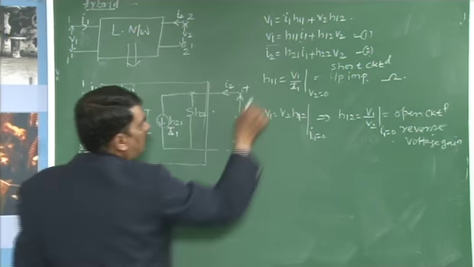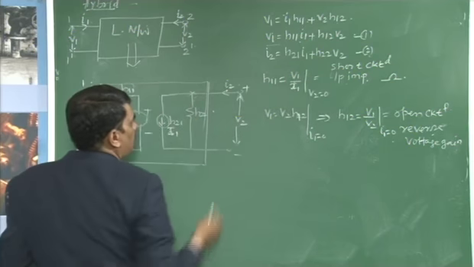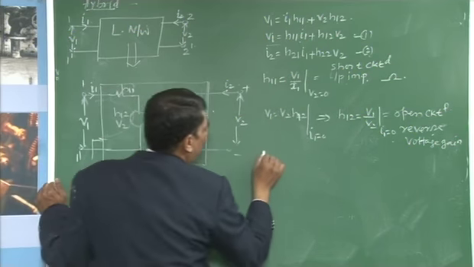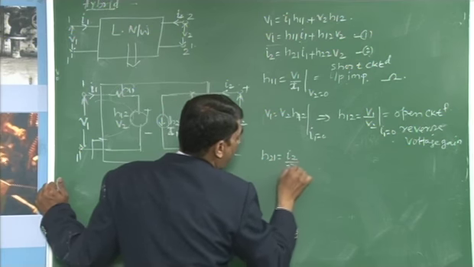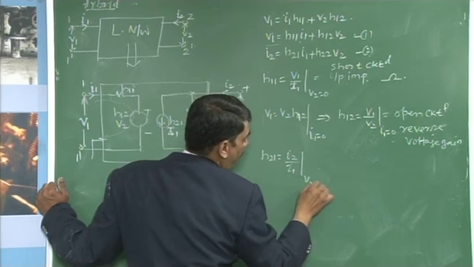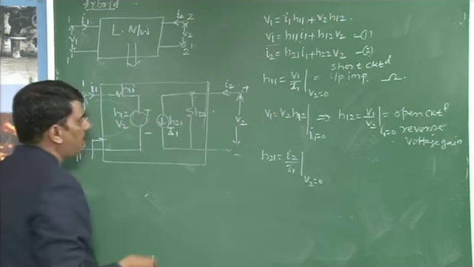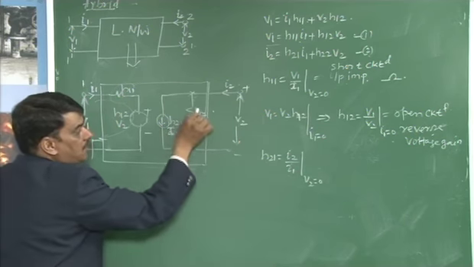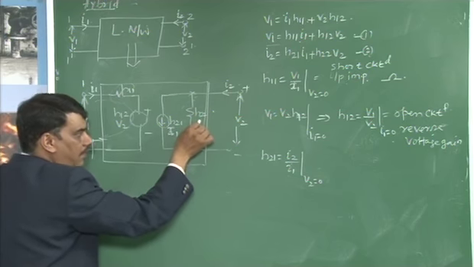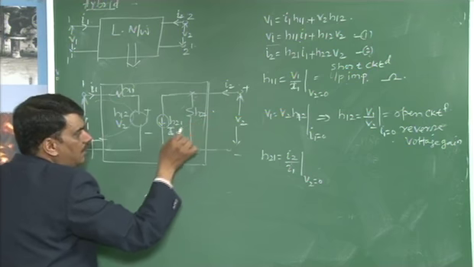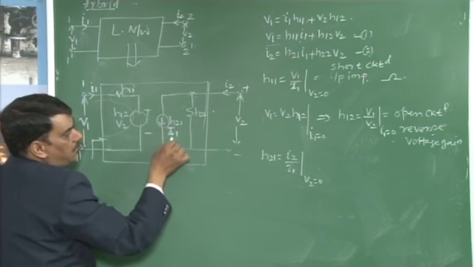And similarly, applying the same conditions here, when V2 is equal to 0, you are going to get H21 is equal to I2 by I1 with V2 equal to 0. When V2 is equal to 0, it is short circuited, and the conductance is acting as an open circuit, hence I2 is simply H21 into I1.